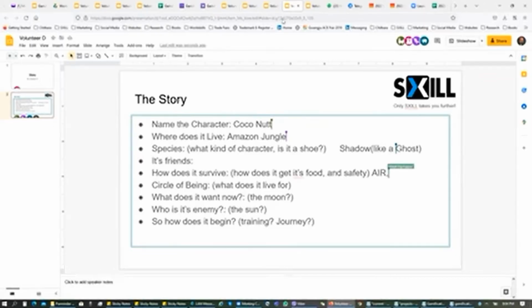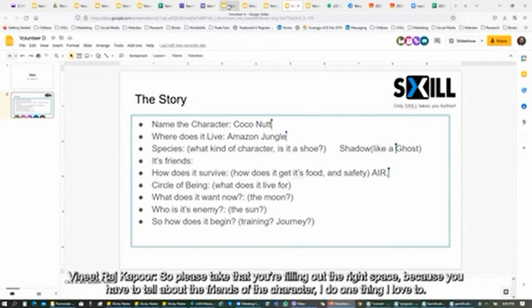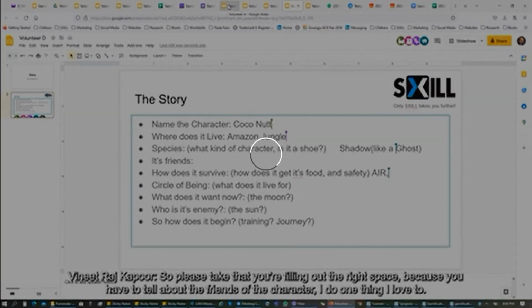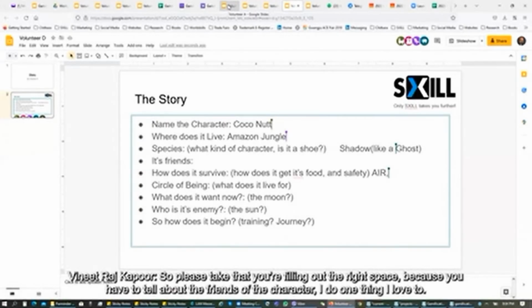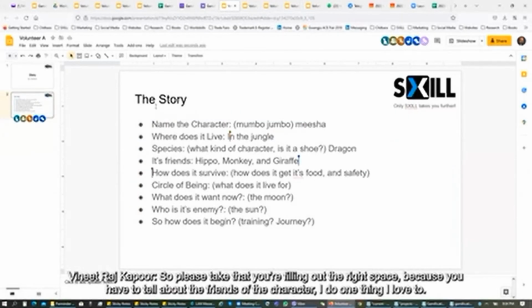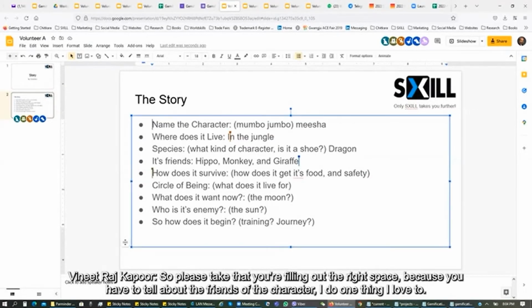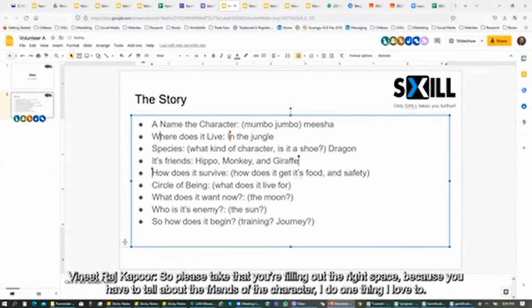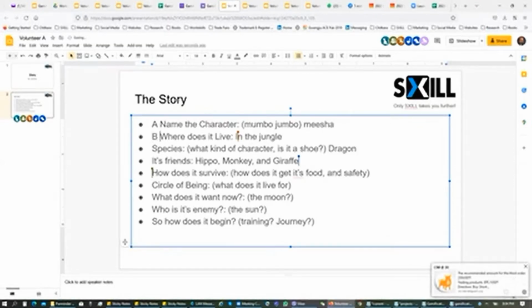So please take care that you are filling at the right space, because you have to tell about the friends of the character. So I'll do one thing. I'll also, this maybe makes it easier.